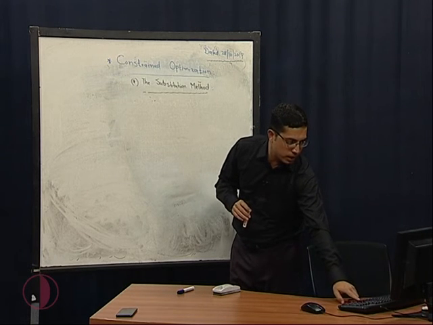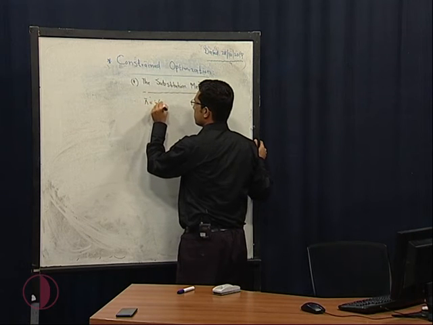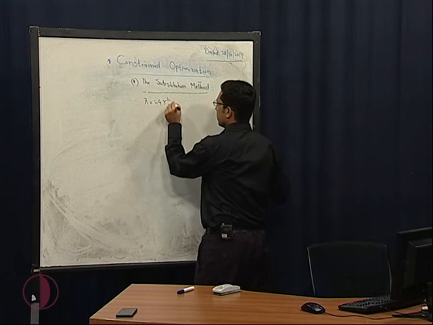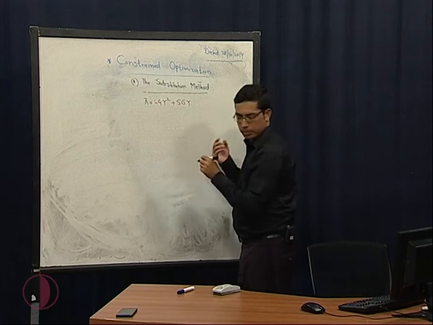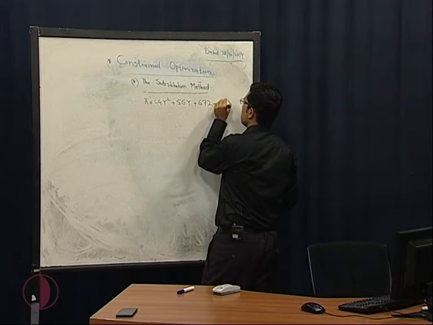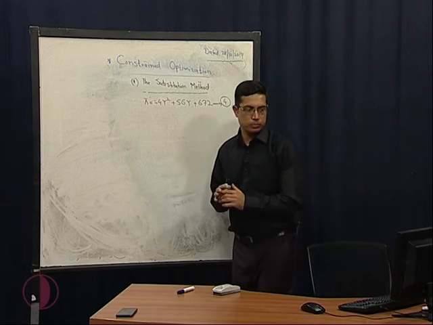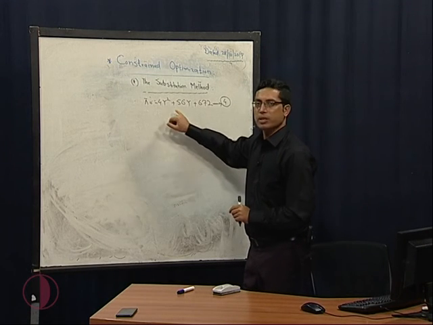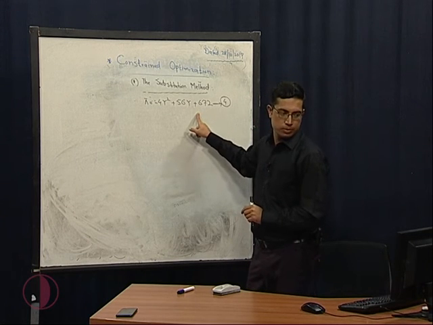The final unconstrained equation is, let me write it again, profit is equal to minus 4y square plus 56y plus 672, equation 4, which is known as the unconstrained profit function. So we will take the first derivative of this equation with respect to y, and we will set that expression equal to 0.